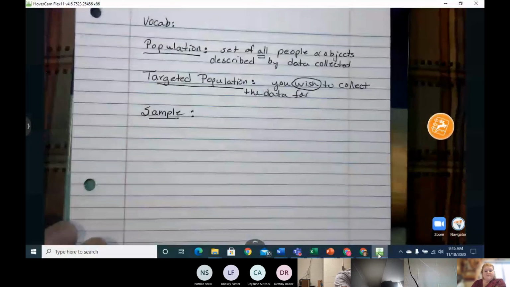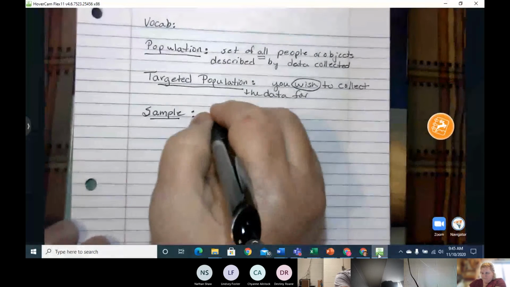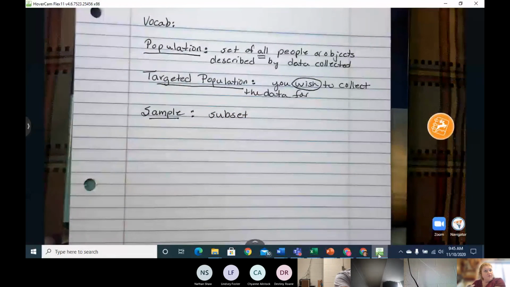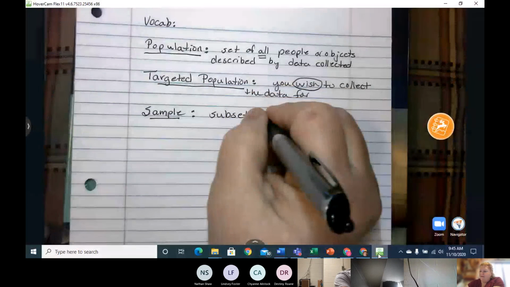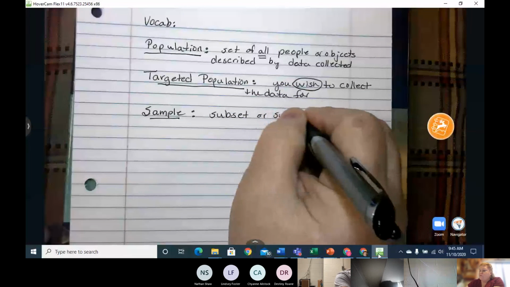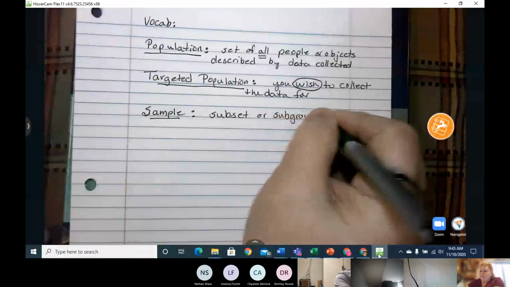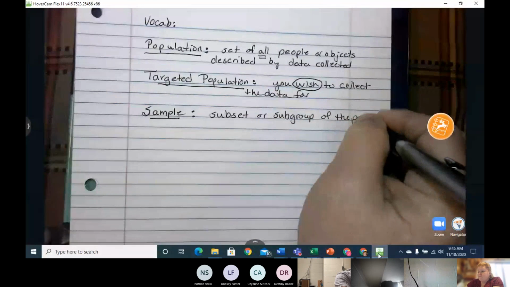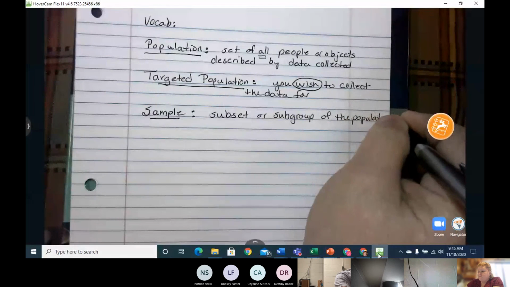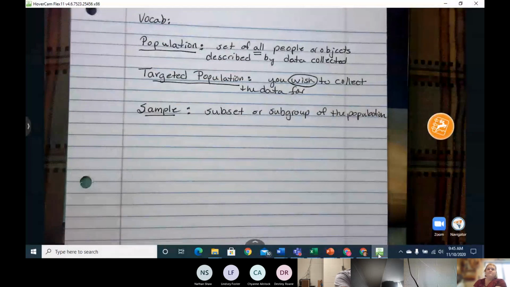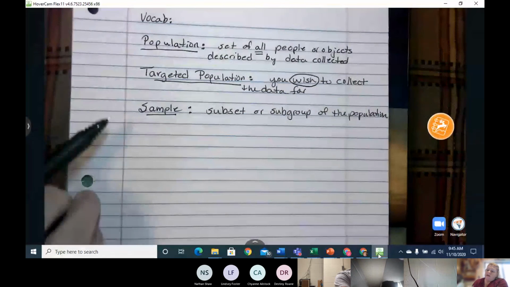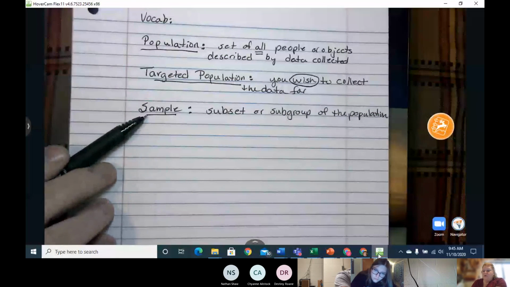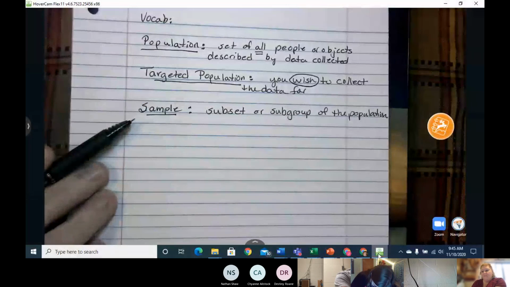The term sample is a subset. You've heard that term before, subset or subgroup of the population. So sometimes it is just not feasible to get the entire population. So we use a sample of that population instead.